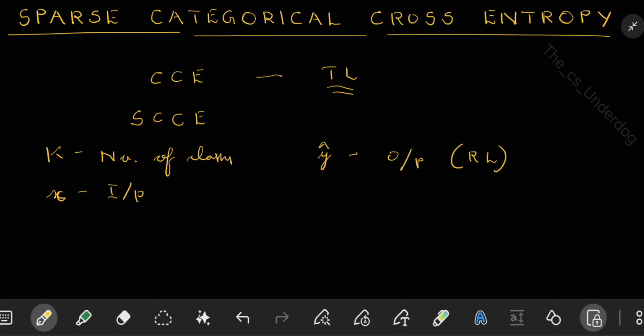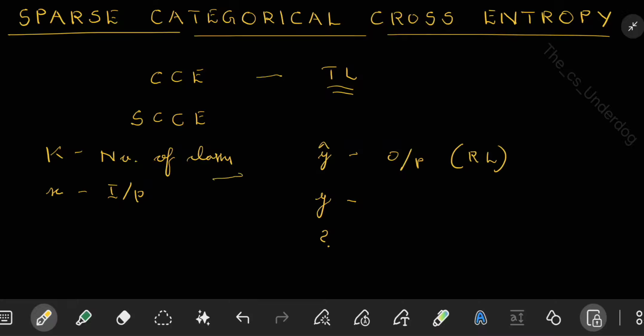Then there will be the actual label corresponding to each input X in your training data. You will have an actual label called Y, and this Y we had told is a one hot vector. What is meant by actual label? Each input example X will belong to one among these K classes.